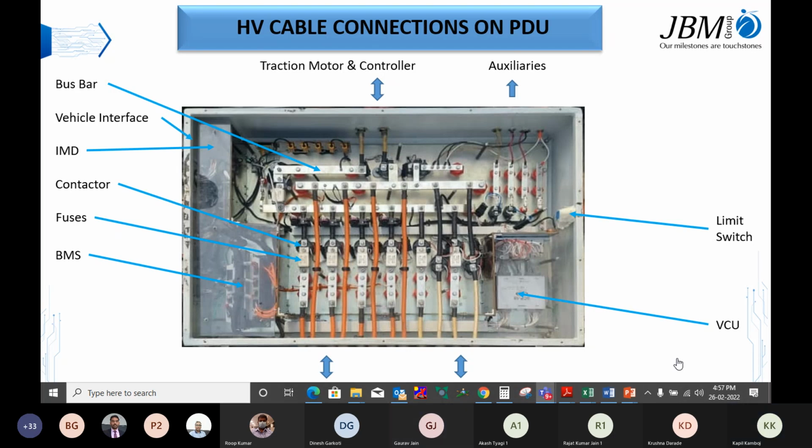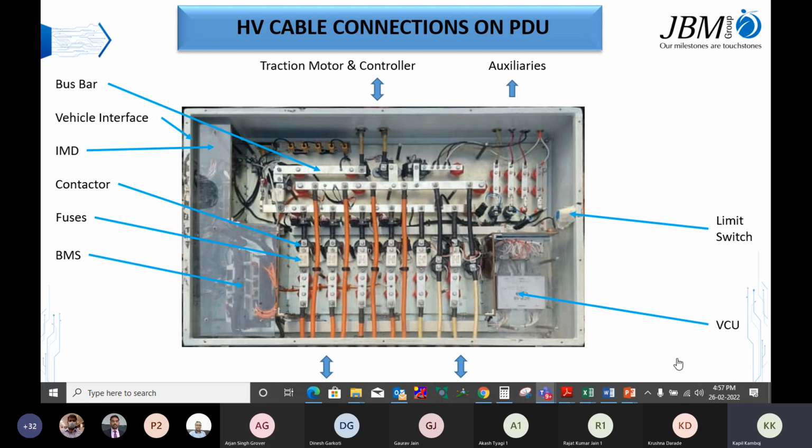So Kapil, my question is, as you mentioned CCS2, in India are we at the stage where we are doing charging with dual gun? Yes, dual gun. We are doing dual gun; even Tata has done it, Ashok Leyland has done it, so multiple players are doing dual gun charging.